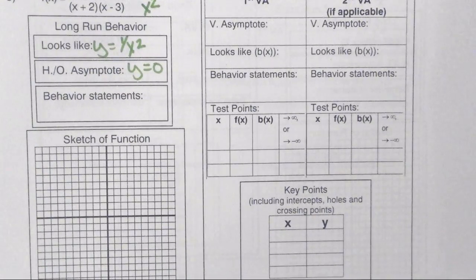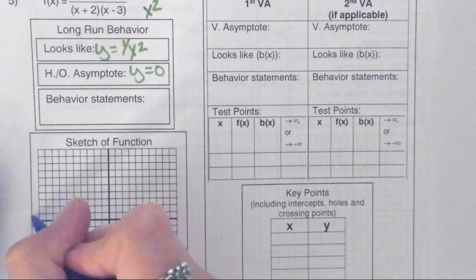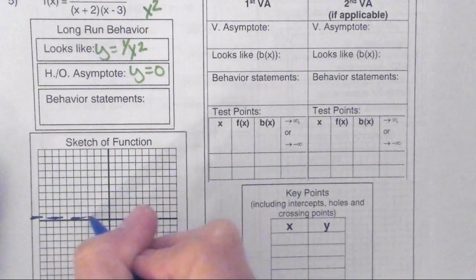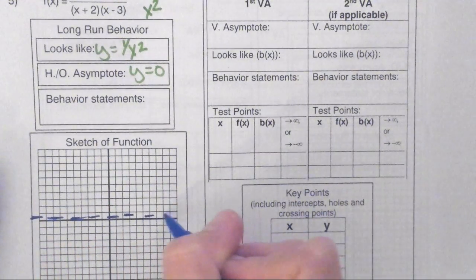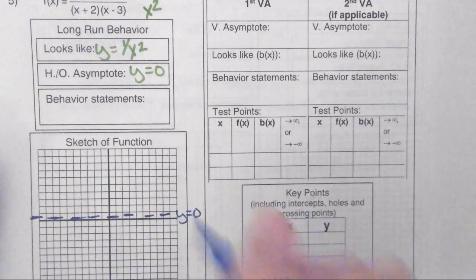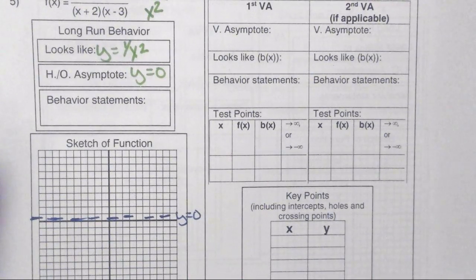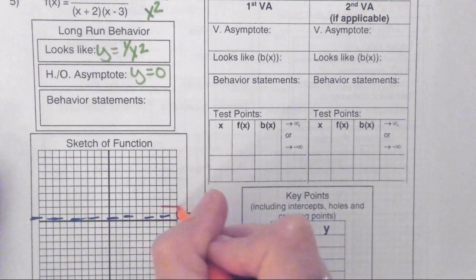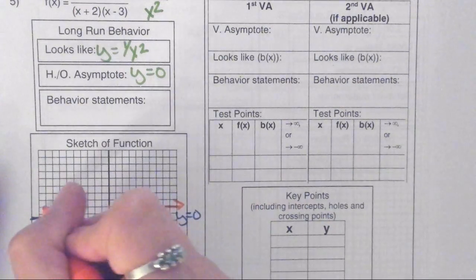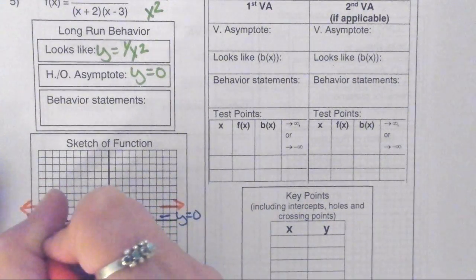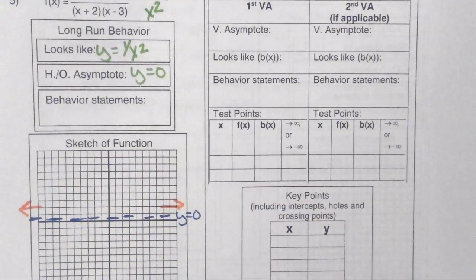So I'm going to go graph my picture. I have a horizontal asymptote at y equals 0. It's a positive 1 over x squared, so I know I'm going to be above this line on the right, and I'm going to be above this line on the left for both.